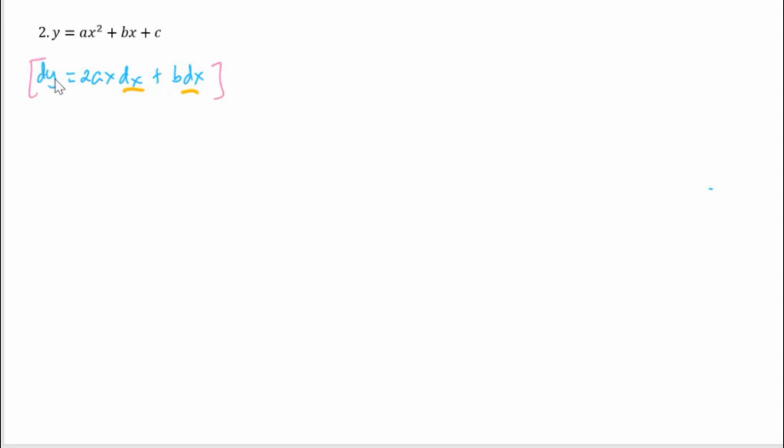By multiplying by 1 over dx, we now have dy over dx equal to 2ax plus b. Okay, so we know that dy over dx is just equal to y prime.